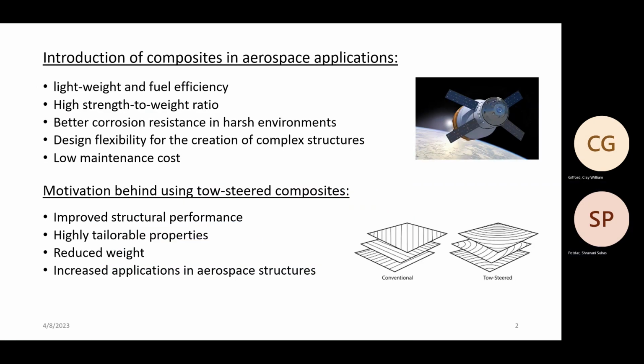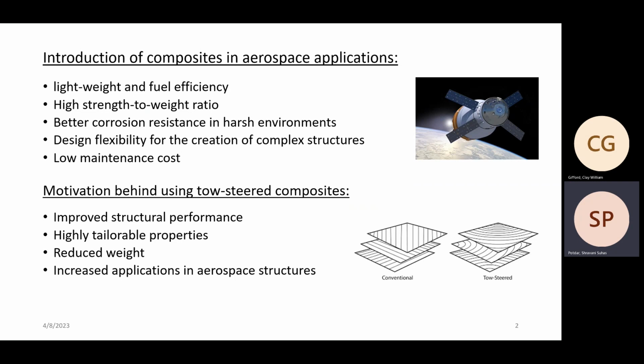So, composite materials have been widely used in many aerospace structures. They have very good performance properties such as light weight, high strength to weight ratio, better corrosion resistance, high design flexibility for complex structures, and also show low maintenance cost.